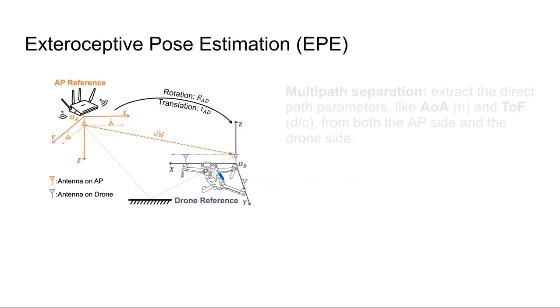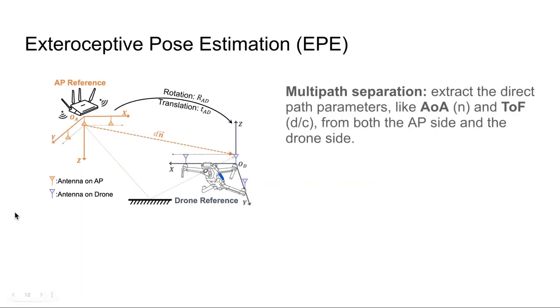Recall we use the access point as the anchor, the reference point, and we use orange to denote the antenna here, and blue to denote the antenna on the drone. The first thing is to do multipath separation.